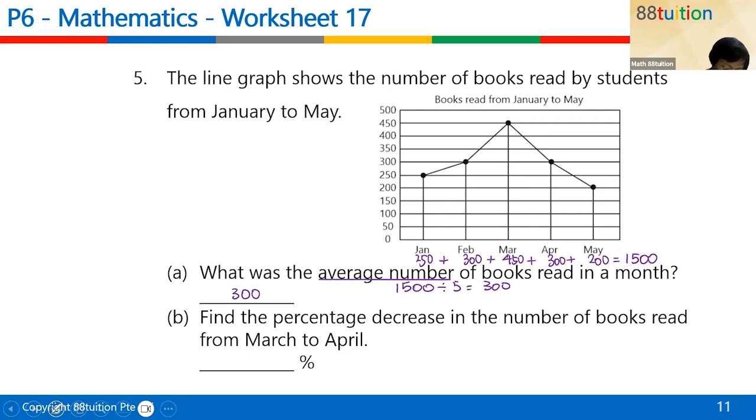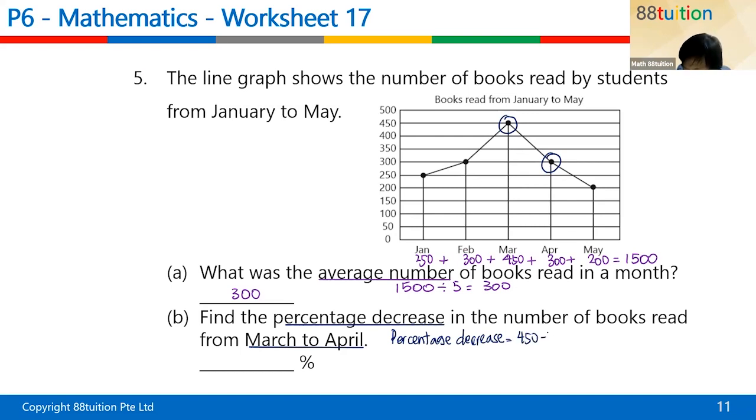Okay, now he's asking for the percentage decrease in which month, comparing from March here, which is this one, to April, which is this one. We must find the decrease first. Okay, percentage decrease. You use the higher one, which is 450, minus the drop to 300, and you divide by the original.